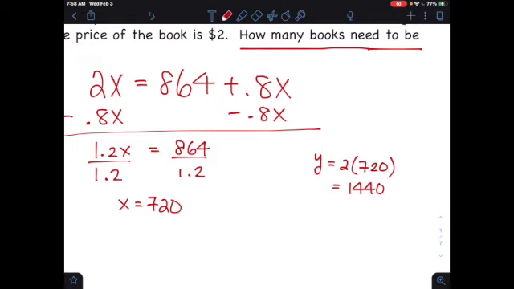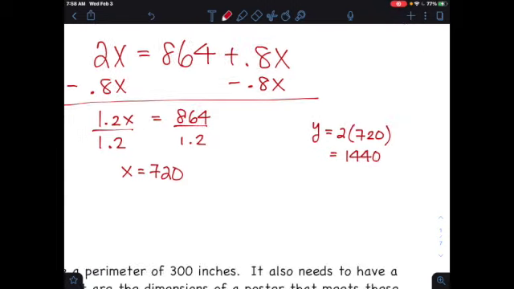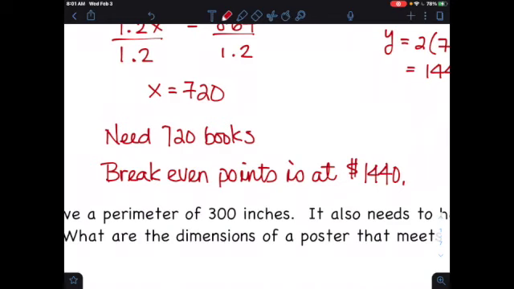If you make $1,441, that means you make $1 profit. Let me write the sentence down for you. For the explanation: you need to sell 720 books to break even. The break-even price point is $1,440. I do need that explanation when you're doing your problem.